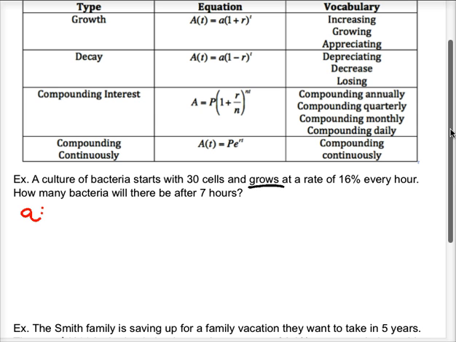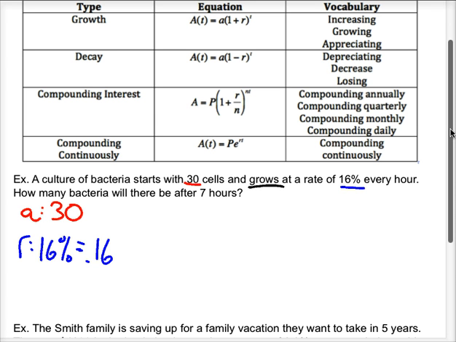So my A, my initial amount, well, I'm starting with 30 cells. How about my R, the rate? Well, my R is 16%. But I'm going to have to move that decimal place over twice because I need a decimal, not a percent.